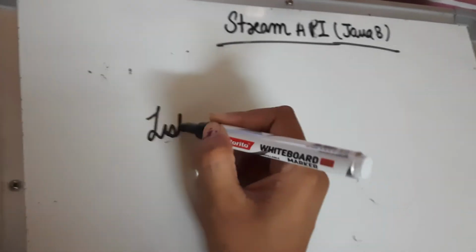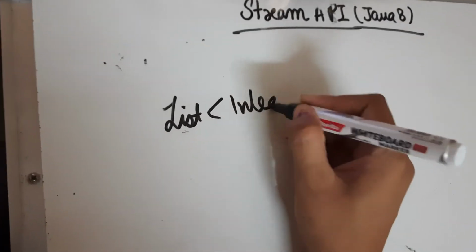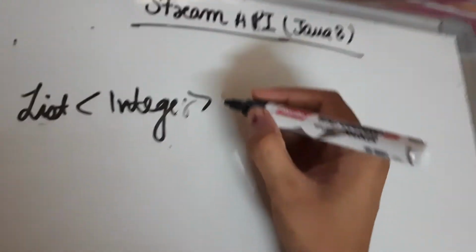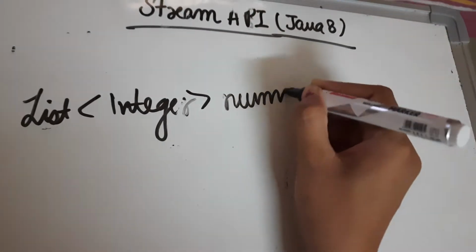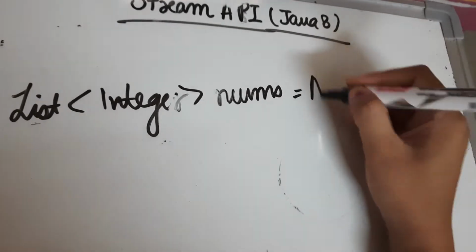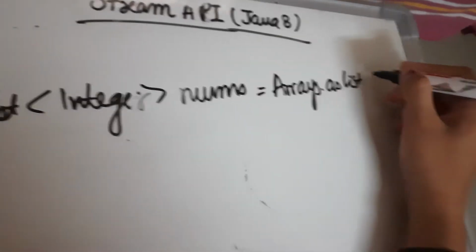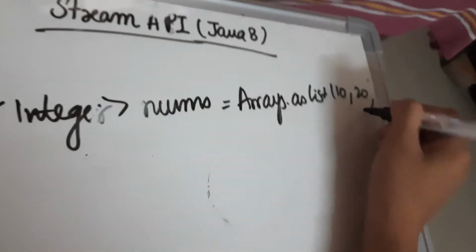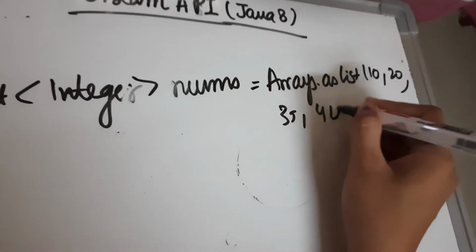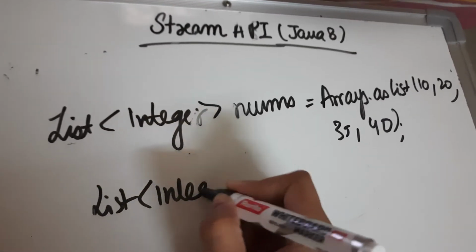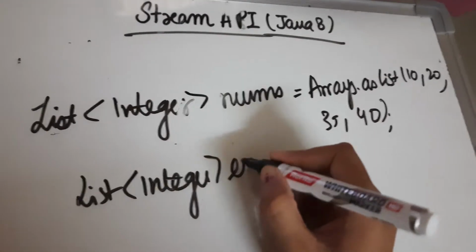Talking about an example, I am taking a list of integers, and I am taking another list of integers. Sorry about the bad handwriting, it's in running hand.